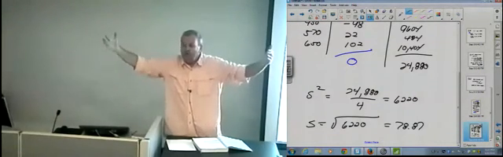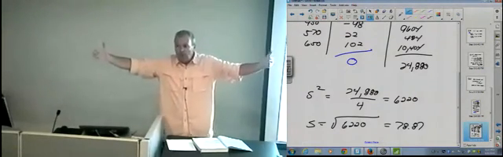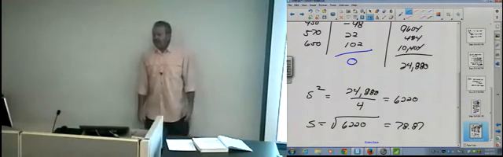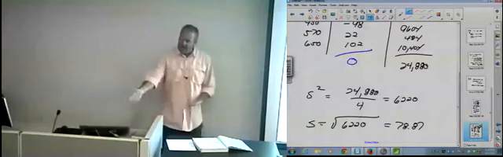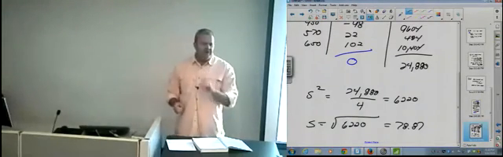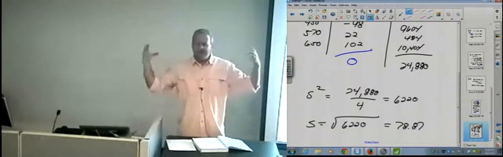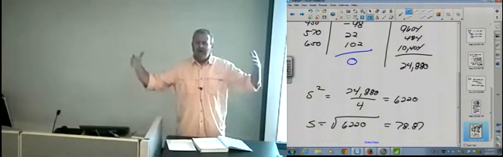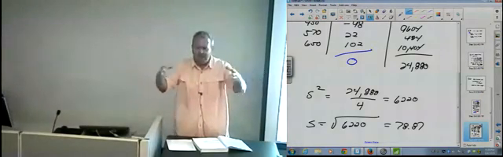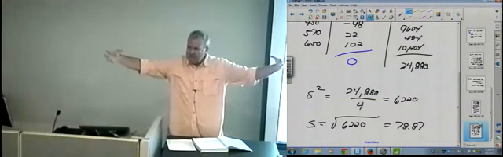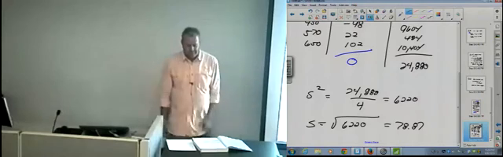The 127.4 is even more spread, right? That's what it's measuring here. I can't tell you at this point, looking at this, my mean is 548, 78.87, is that a lot of spread? I don't even want to think about it yet. I just want you to know the smaller that number is, the less spread you're seeing. The larger that number is, the more spread you are seeing. Okay?